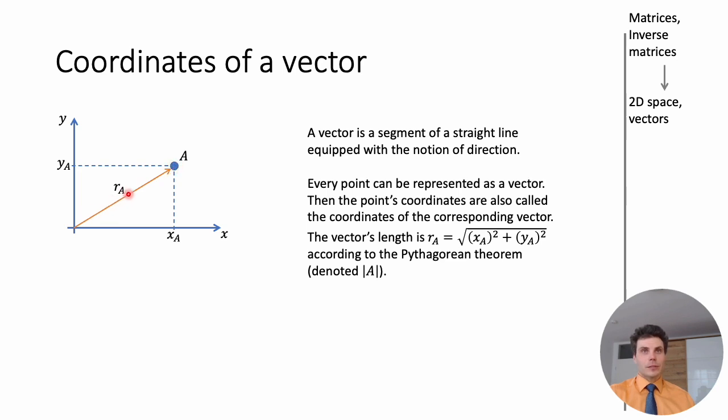This vector is called a radius vector, but essentially in mathematics they are easily substitutable with one another. So if one says a point, it automatically means that one means a vector.